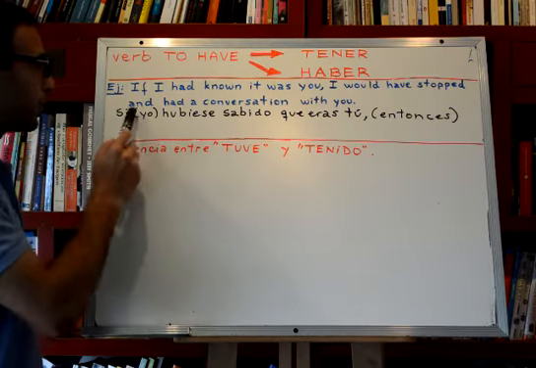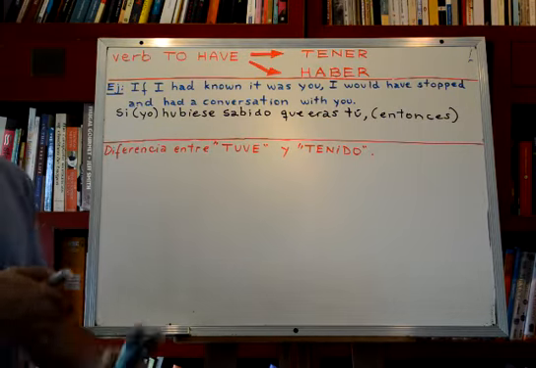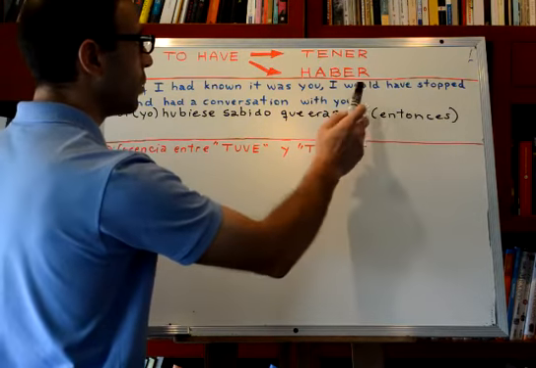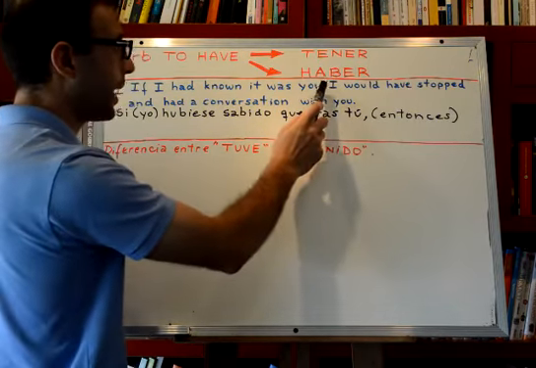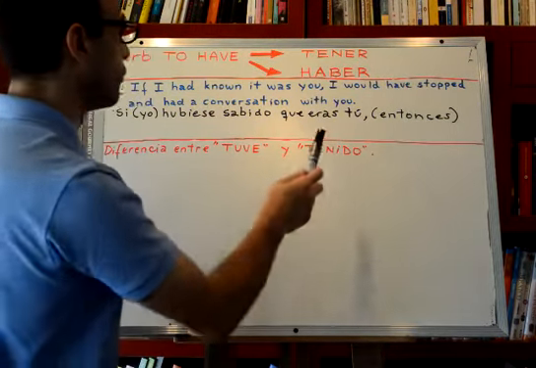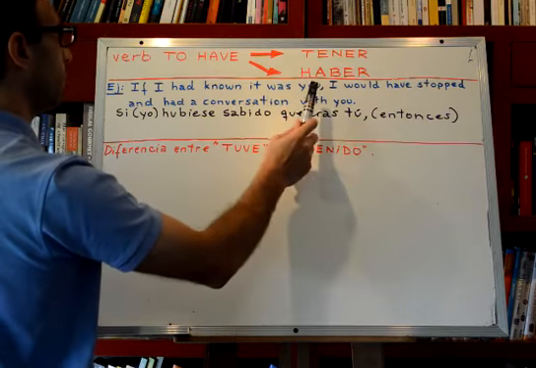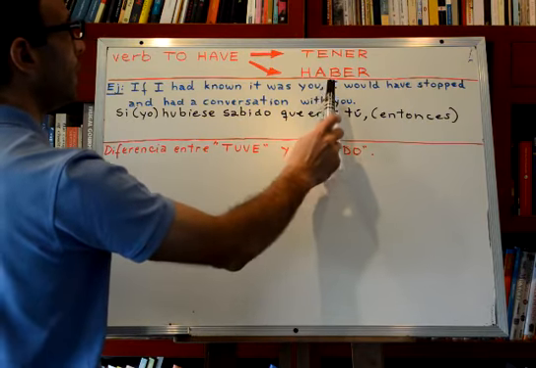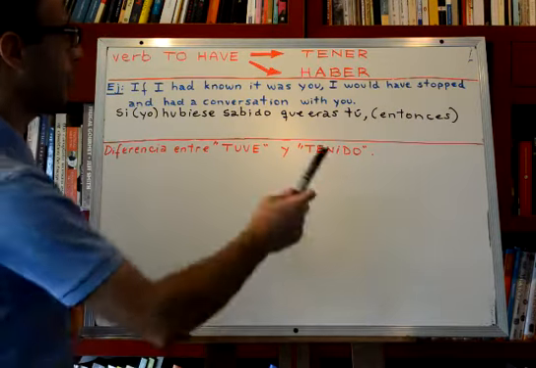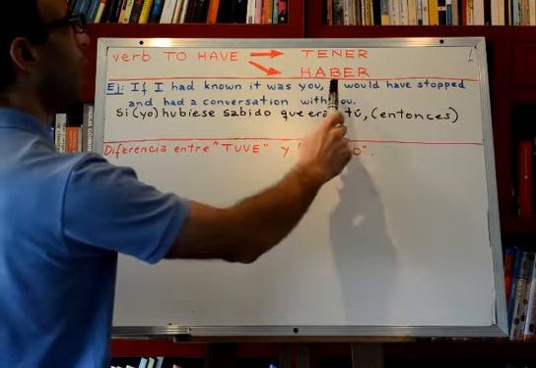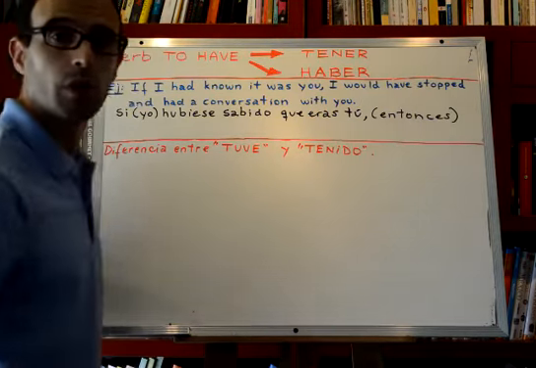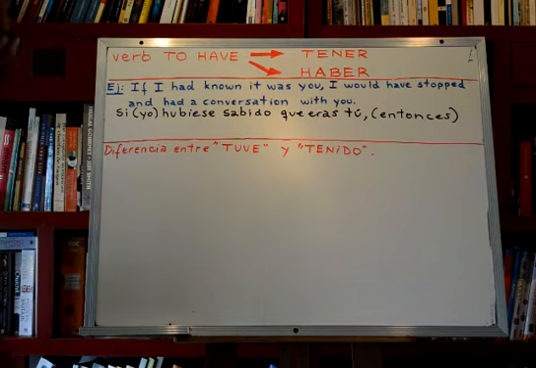That's why I put it between brackets, because it's okay if we say it or if we don't. And same as in English, the word then, we can omit it or include it. In Spanish, it's the same. We can say, if I had known it was you, then I would have stopped. Or we can just omit then. Therefore, I have written entonces, which means then, between brackets.